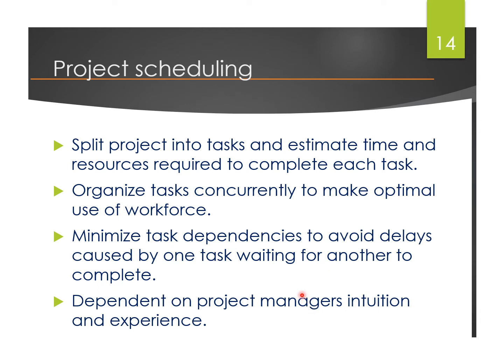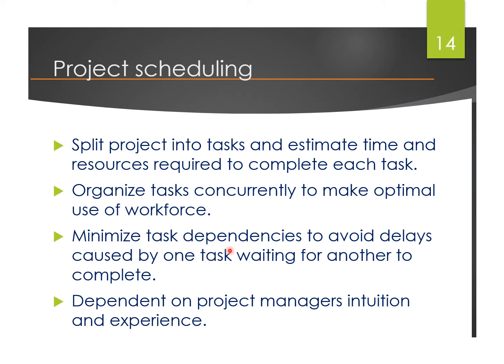I mentioned just now, during planning, you identify important tasks, and normally you need to break them down. You need to estimate the time and also the resources to complete each task. Sometimes tasks can be done concurrently, and some tasks actually depend on one another.